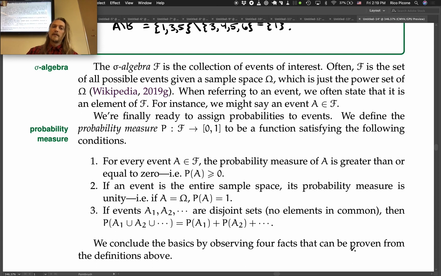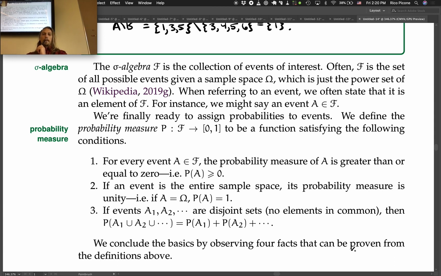One, for every event A in F, the probability of A is greater than or equal to 0. Two, if an event is the entire sample space, its probability measure is unity. So the probability of the entire sample space happening is equal to 1.